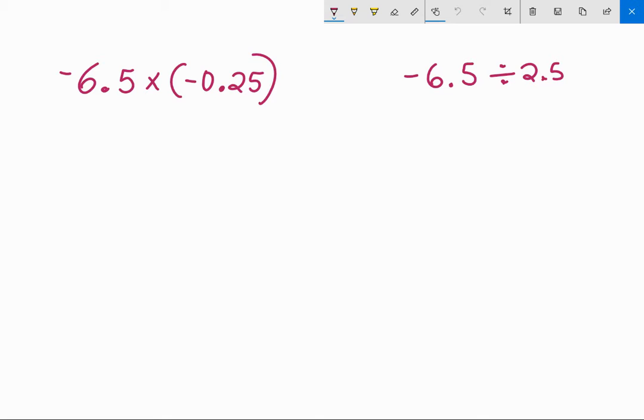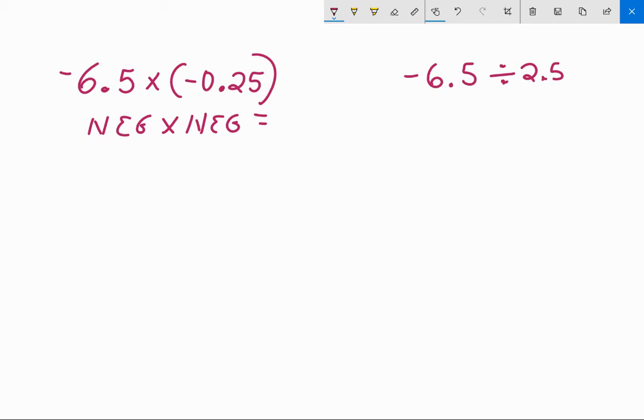First thing I would do is just think about the signs. You have a negative times a negative. Regardless if they're integers or decimals, remember the trick: two numbers with the same sign give a positive, and different signs give a negative.